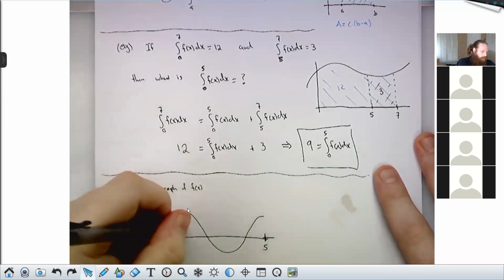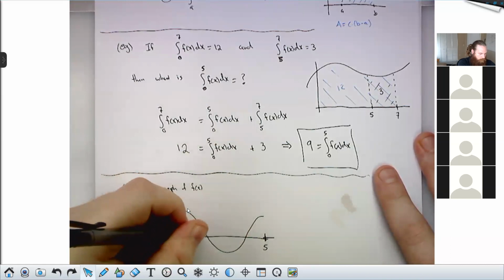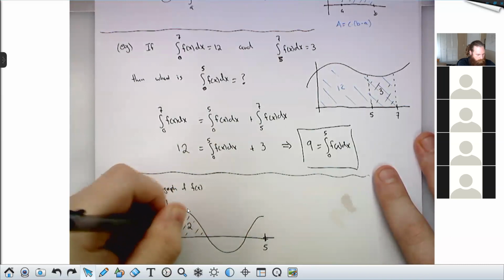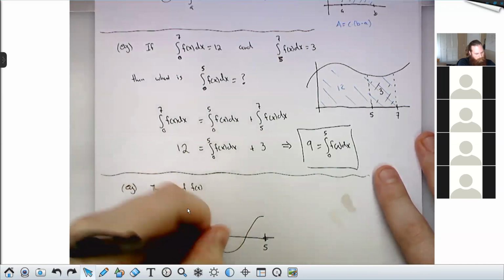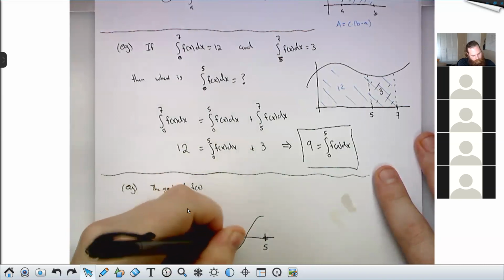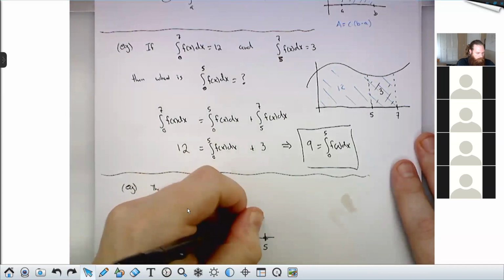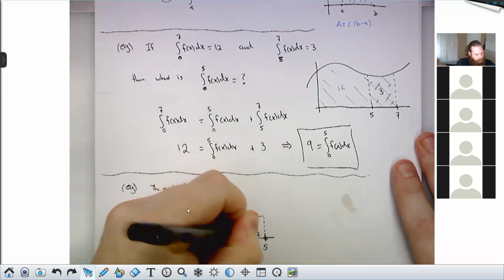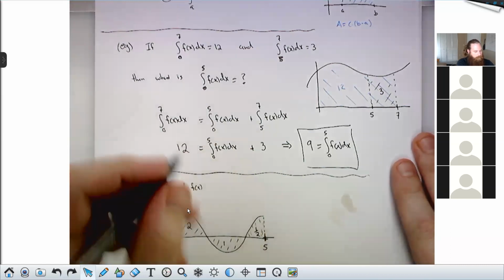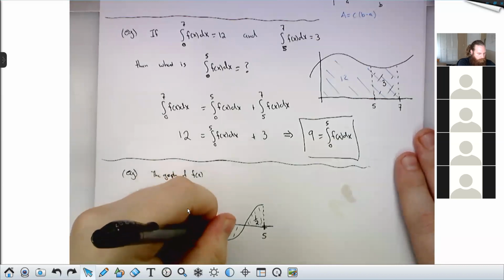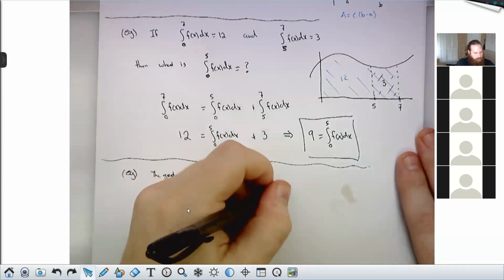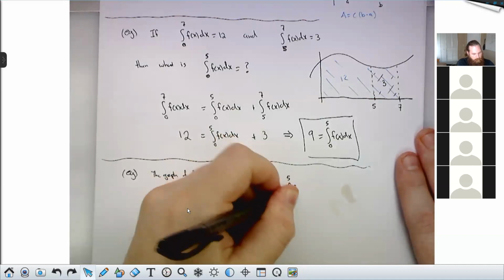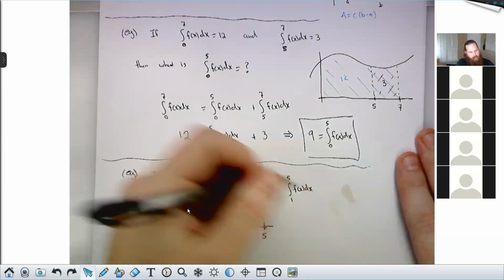I tell you that the area here is 2. The area here is 1. And the area here is 1/2. Can we say, what is the integral from 1 to 5 of f of x dx?